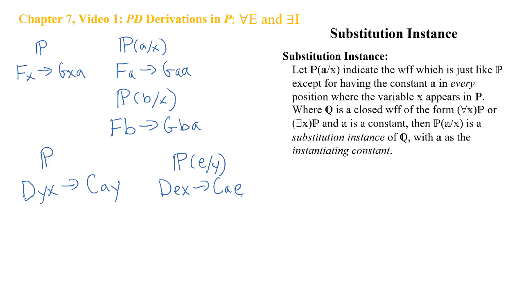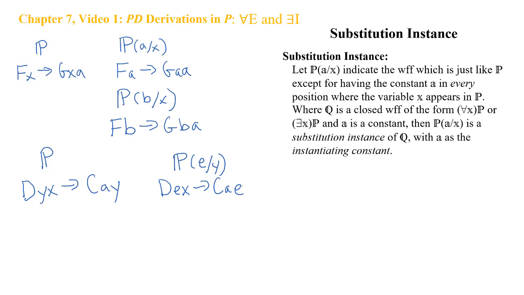This has nothing to do with valid inference or a derivation rule or anything else like that. It's just a way of indicating that we're taking an existing formula and substituting a constant in for the variables. So there's nothing particularly interesting going on here. It is a purely syntactic notion.